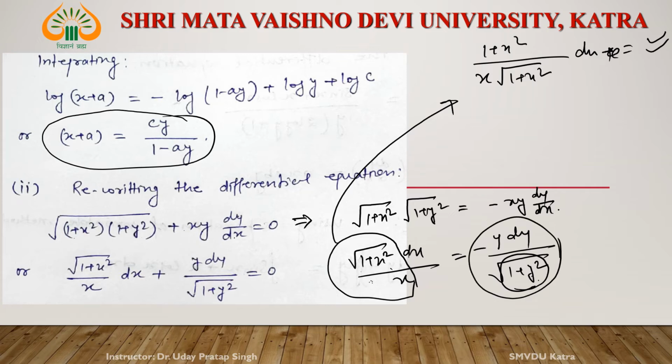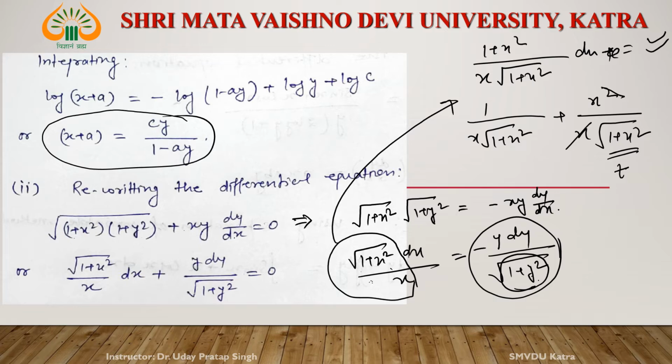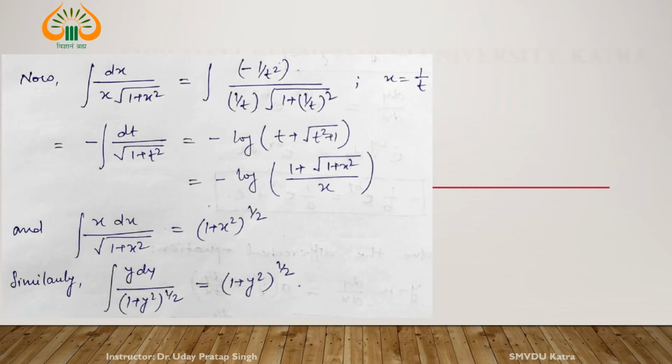So this one can be written as 1 upon x square root of (1 plus x square) plus x divided by square root of (1 plus x square). This one is cancelled out. Now 1 plus x square can be assumed as t square and solved. So this one is also integrable, and in this term you can assume x is equal to 1 by t. Let us see.